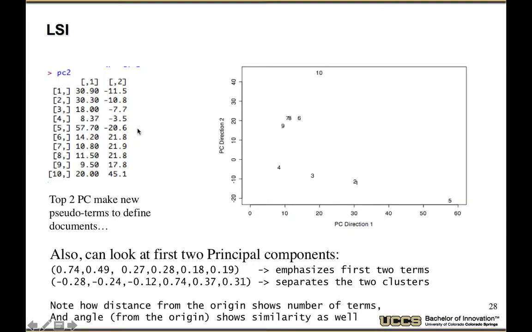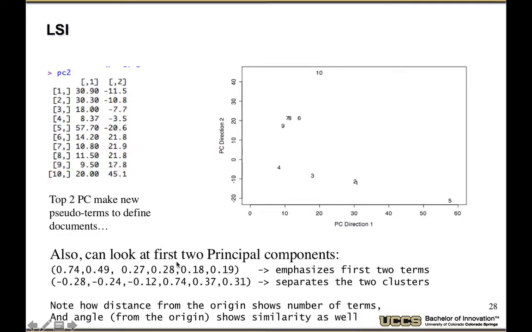If I were to look at those two principal components, I can think of them as vectors, and now I can take every document and multiply them by those vectors and I get a coefficient, a weight. Each of those weights then can be viewed as a position in 2D space, right? Because they're just now two-dimensional coefficients. And if I plot all of the documents in that 2D space, we'll see there's a little cluster of some things over here, and then another cluster of things over here.